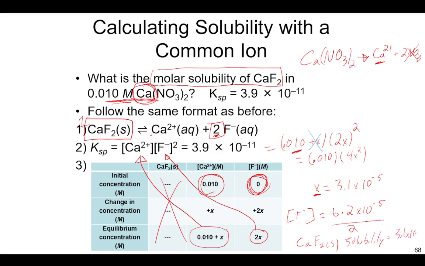So it really just takes that 2x and turns it back into an x again. Okay. But that's how I would suggest doing it, just for completeness' sake. Sometimes students try to put it back here and then use the ratio and get confused. So I recommend at the end using this x to figure out what is the non-common ion equilibrium concentration, and then turn that back into the parent molar solubility based on the stoichiometric ratio.